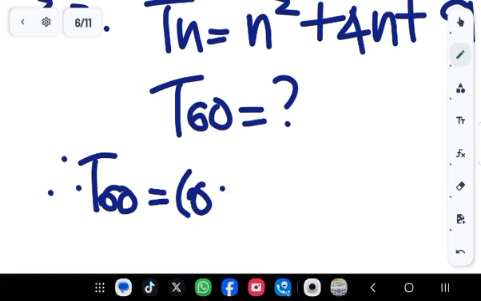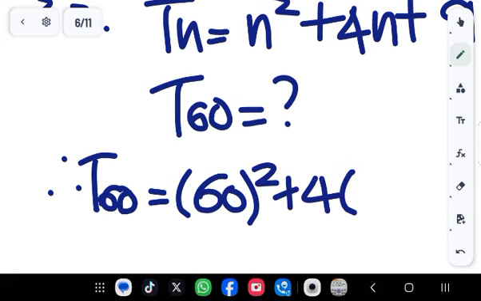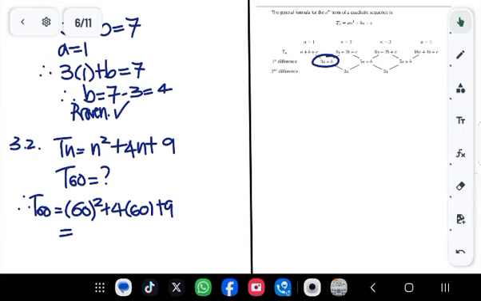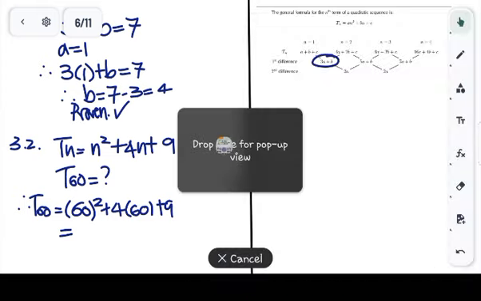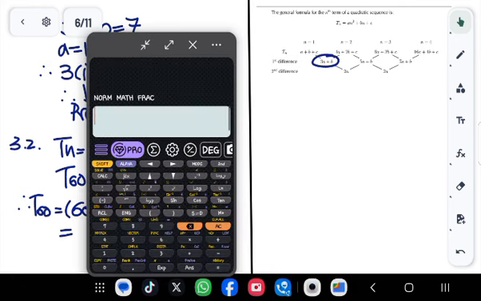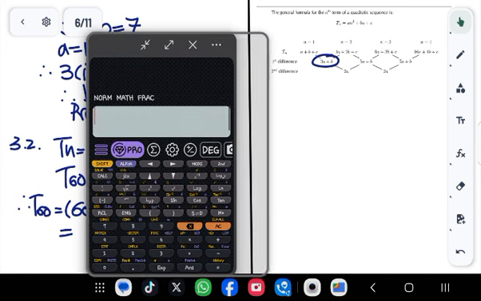So that will be 60. You just substitute 60 where there is n. So that will be 60 all squared plus 4 times 60 plus 9. Take out a calculator. Always use a calculator just to avoid making silly mistakes which could affect your answer at the end and therefore mess with your marks.